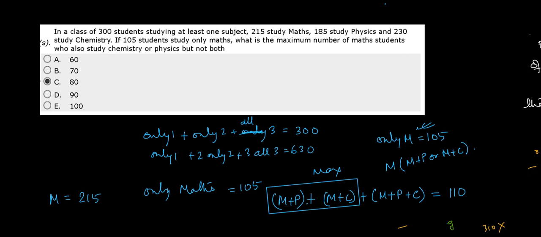So when will these two be maximum? When m plus p plus c will be minimum. And what is m plus p plus c? All three. What is the minimum value of all three?